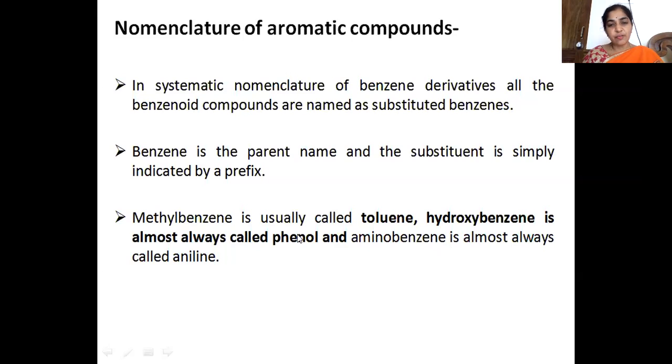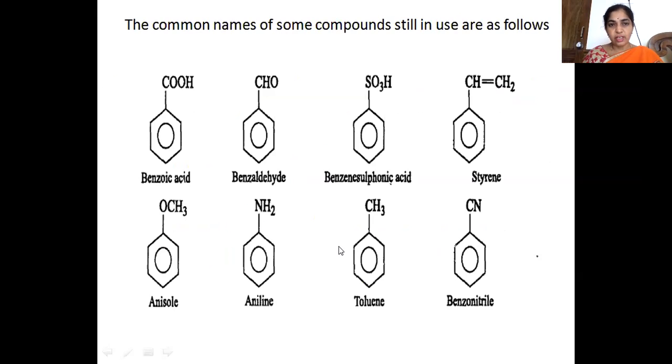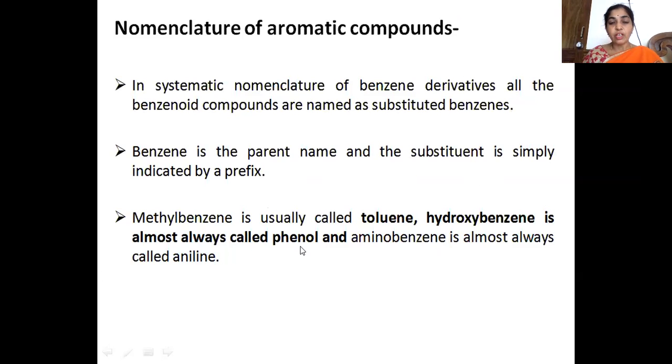And if you consider phenol, I have not shown it here. Imagine if H has been replaced by an OH group, we call it phenol. So its IUPAC name is hydroxybenzene. So toluene, phenol, aniline are all common names, whereas methylbenzene, hydroxybenzene, as well as aminobenzene are all IUPAC names.